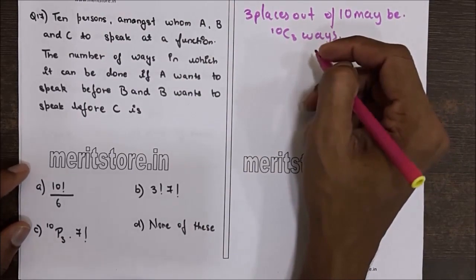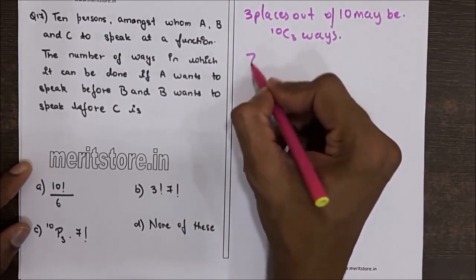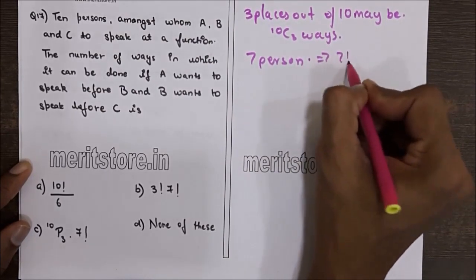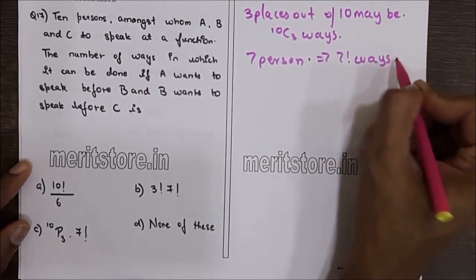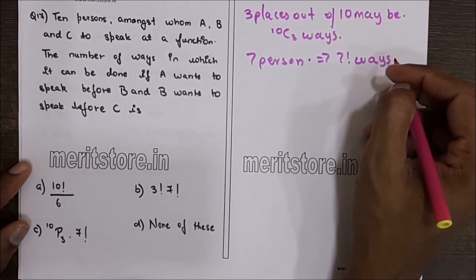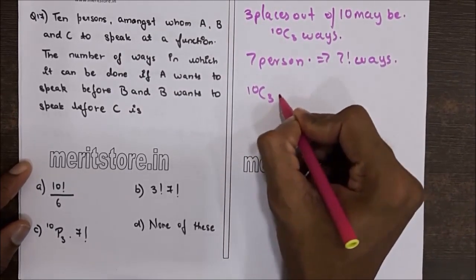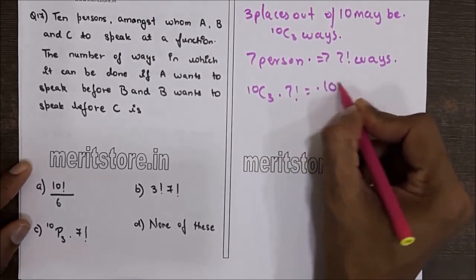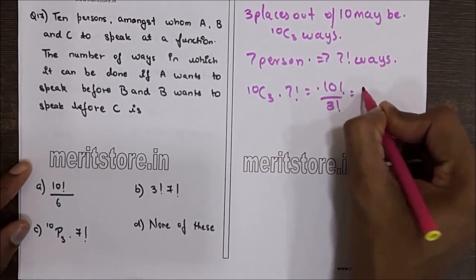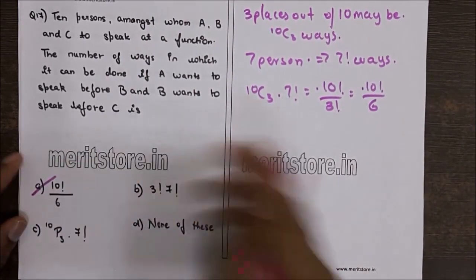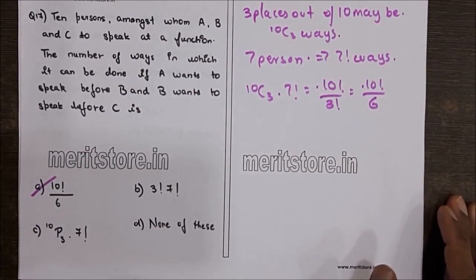The remaining 7 can speak in 7 factorial ways. Hence the number of ways in which all the 10 can speak is 10C3 into 7 factorial, which is equal to 10 factorial upon 3 factorial, which is equal to 10 factorial upon 6, which is our option A. Therefore, option A is the correct answer.